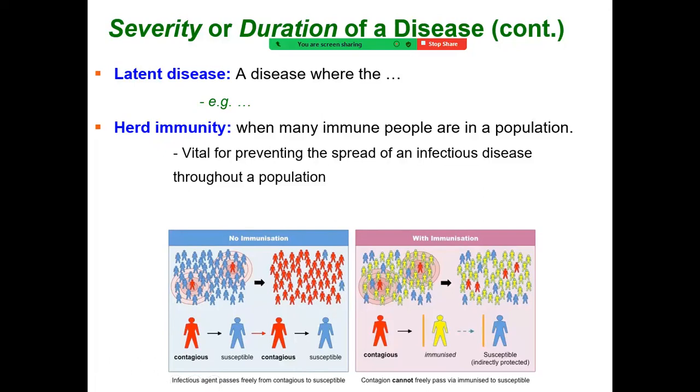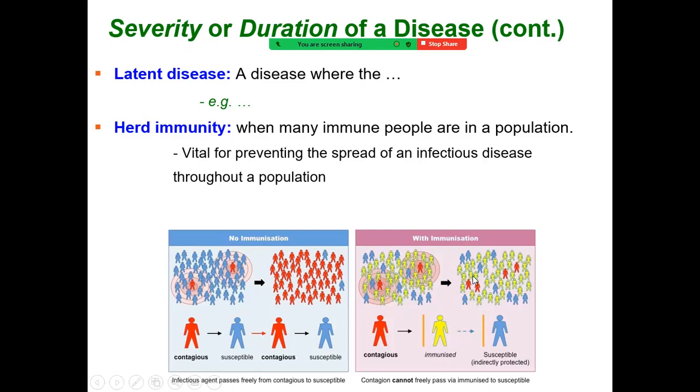On the other hand, if most of the population is immunized against this disease, when the individual now becomes infected, most of the population are immune to the disease, so only a few individuals in close contact with that contagious individual will become infected, and then the disease is unable to spread to other people because the people nearby these contagious people are immune.